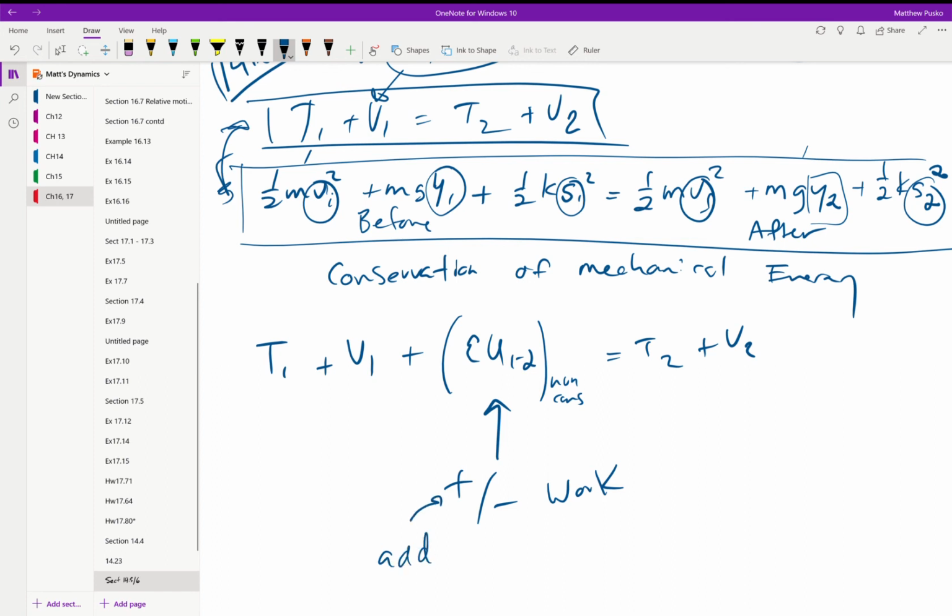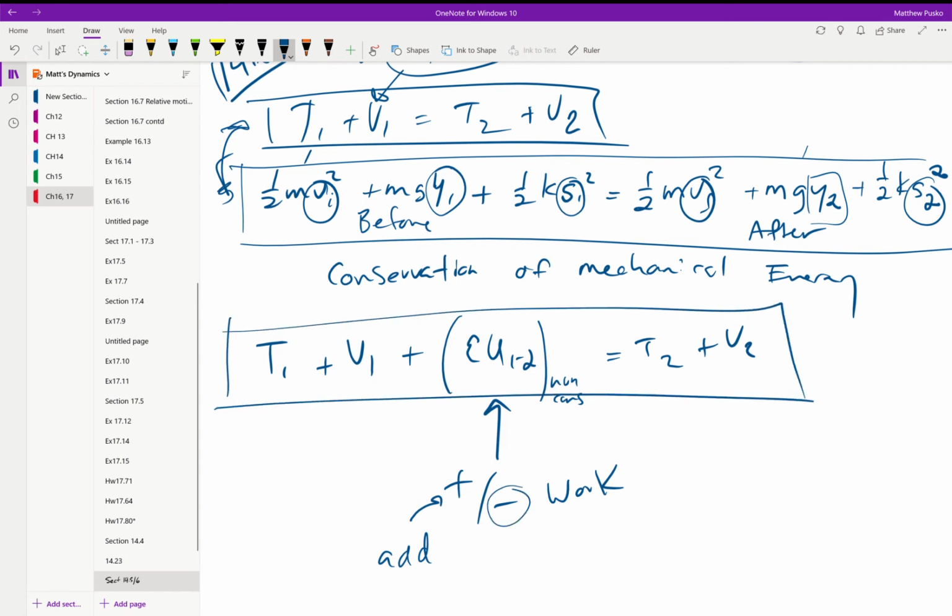That's plus. Does it speed up the system? Does it raise it? Is a force doing some pushing on it, making it speed up? That's adding it. And if it's taking away energy, that's going to be a minus sign. So this is my preferred way to solve any of these conservation of energy problems.